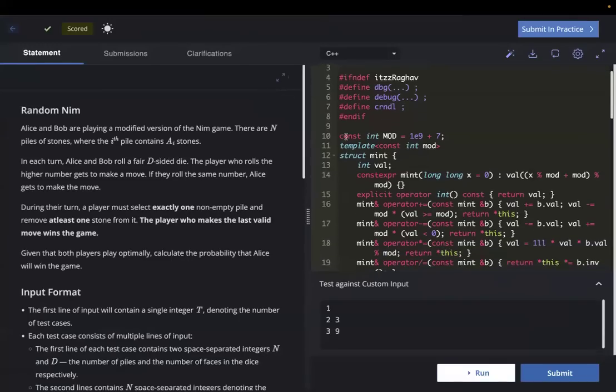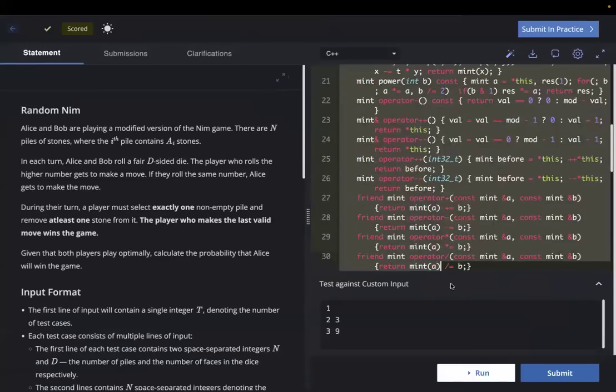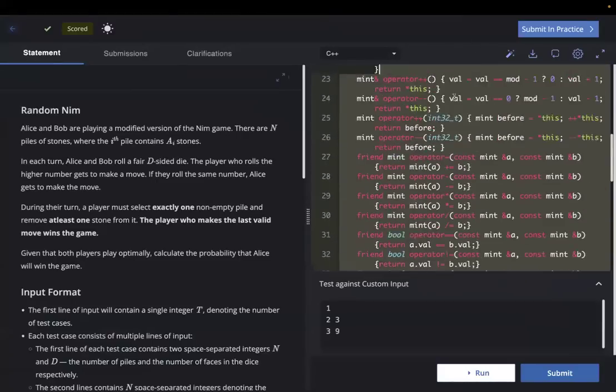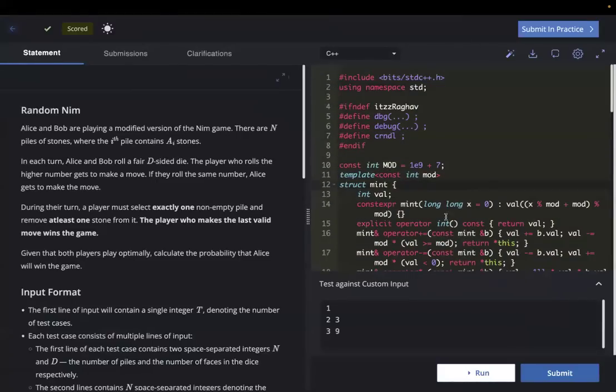Like in my code, I have used this structure with the name mint. This is a very common thing. You might have noticed competitive programmers like Tourist or Jiangly using it.